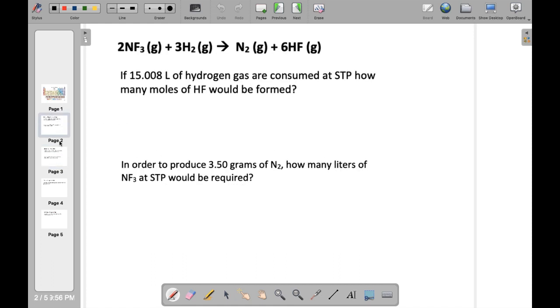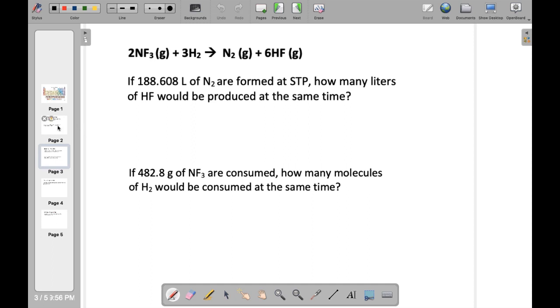So we're moving on. We have the same equation. There should be gas right here, but they're all gases. If I have 188.608 liters of nitrogen, which are formed at standard temperature and pressure, how many liters of hydrogen fluoride would be produced at the same time?